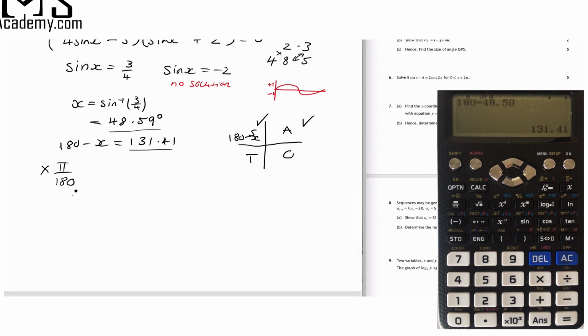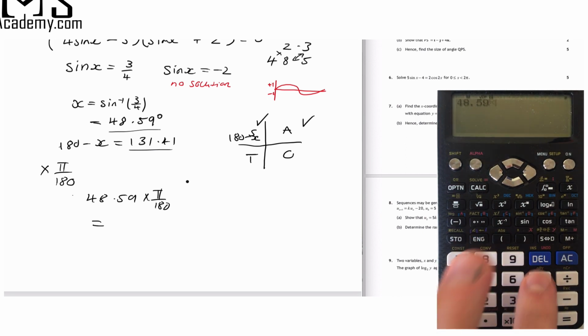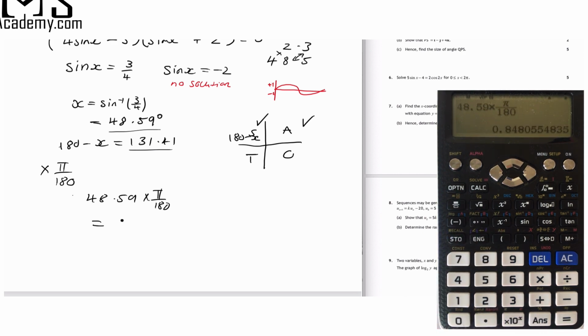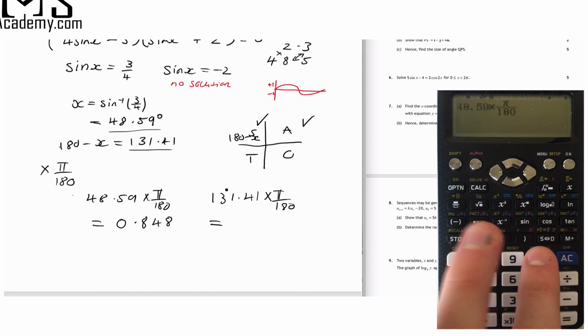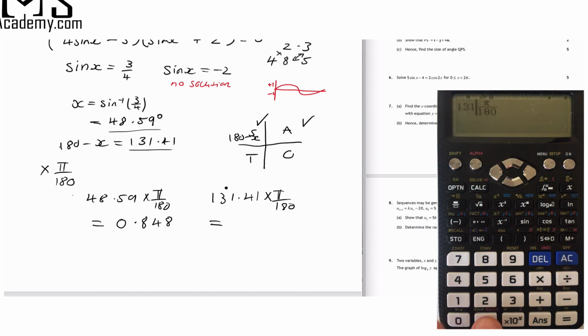So x is going to be 48.59 times pi over 180, which is equal to 0.848, and then the next one is going to be 131.41 times pi over 180, and that is equal to 2.29.